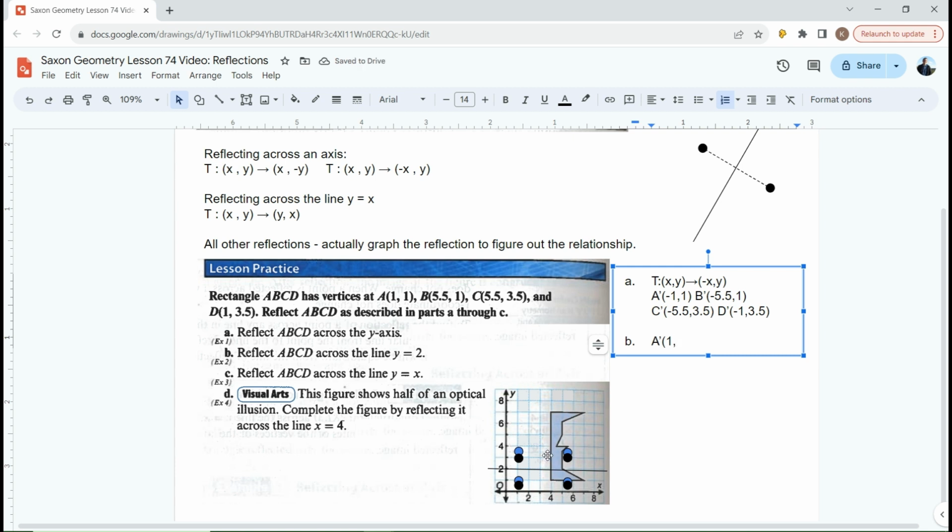It's still at 1 because it reflected over a horizontal line. But now the y coordinate is 3. B is this pre-image point, this blue one here, reflected up to here. So this is my image point. That's going to be at 5.5, same x coordinate, but now the y coordinate is going to be 3.